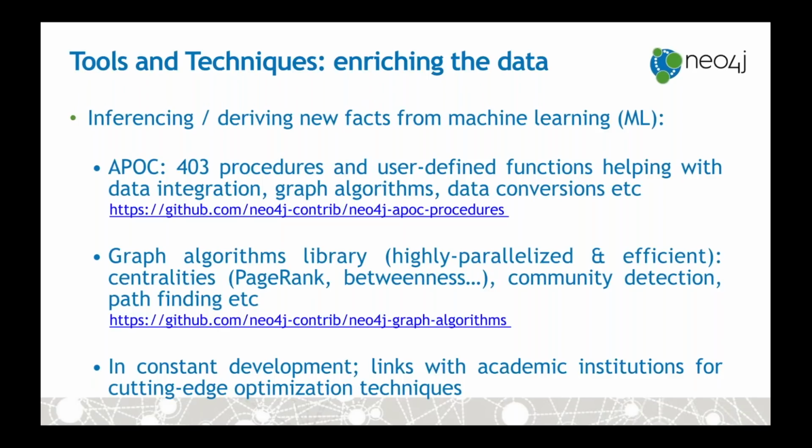We also then have a graph algorithms library, and we are partnering with academic institutions on this to ensure that they're highly parallelized and therefore efficient, i.e. that they run really, really fast. And we've got graph algorithms covering the whole gamut. So, centralities, we've got PageRank, we've got betweenness, we've got a few of the others as well. Community detection, pathfinding, and all sorts of others as well.